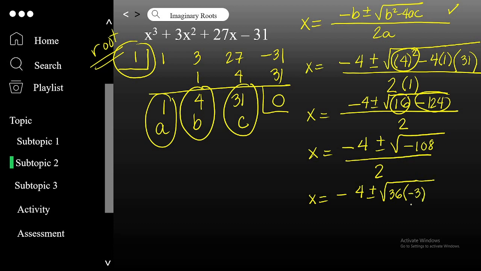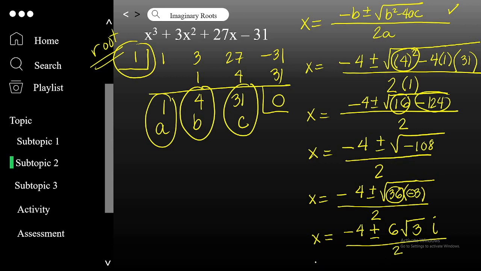Take note, 36 times negative 3 is negative 108, and 36 is a perfect square. Therefore, x is equal to negative 4 plus minus the square root of 36 is 6, the square root of 3, and the negative sign becomes i, all over 2.